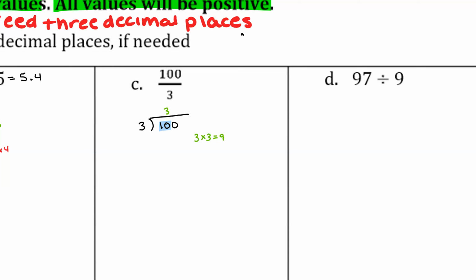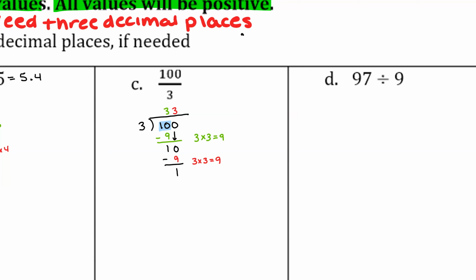So 3 goes on the top, 9 goes on the bottom, and I subtract. I get 1 left over, and I'm going to bring my 0 down. What do I need to times 3 by to get close to 10? Well, 3 by 3 would make 9, which is awfully close to 10. So 3 goes upstairs, 9 goes downstairs for subtraction.